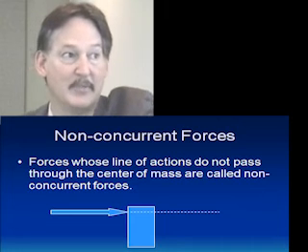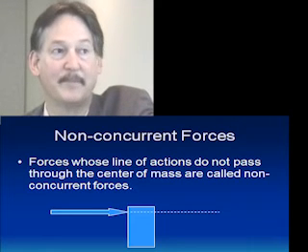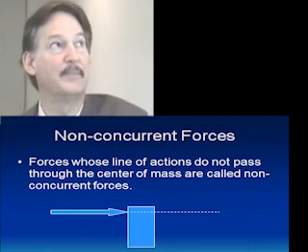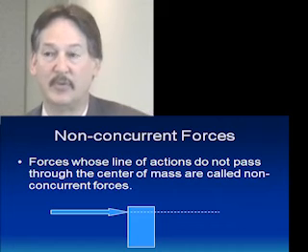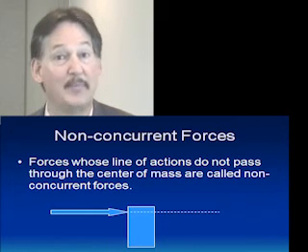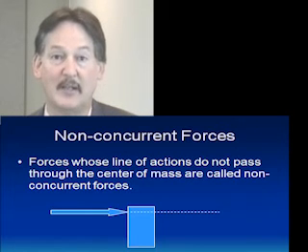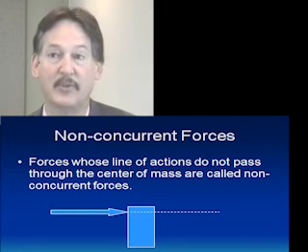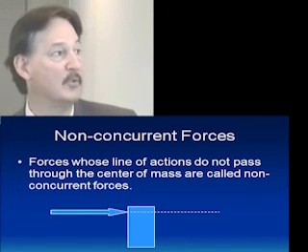And in this object, the geometrical center of mass would be right here. So the result of this force will be to rotate this object. And we call forces that do not pass through the center of mass non-concurrent forces. And non-concurrent forces are responsible for rotational motion.